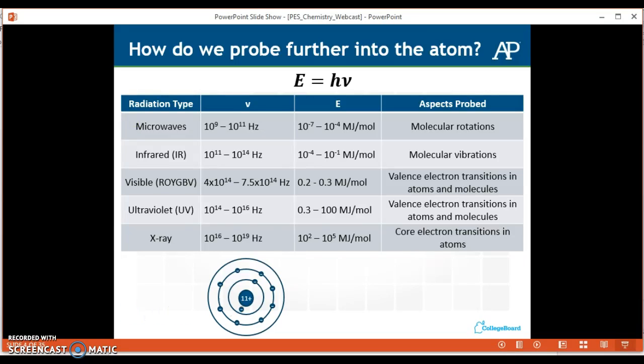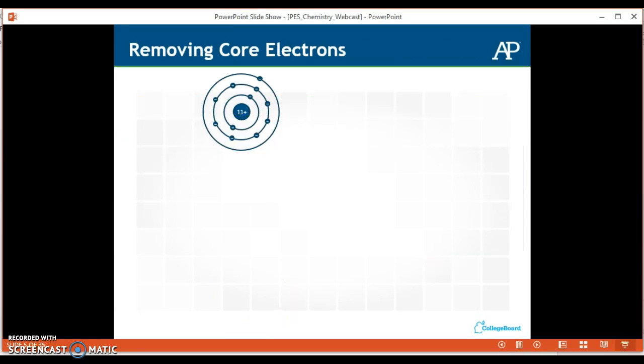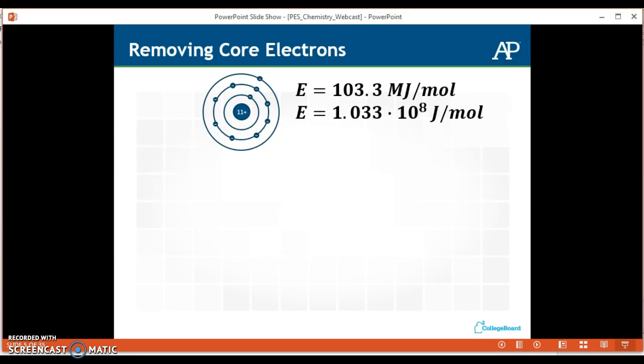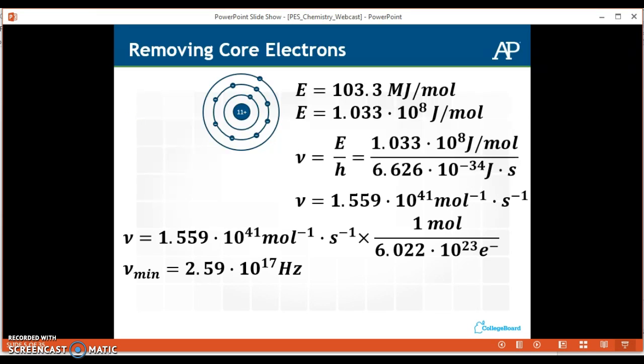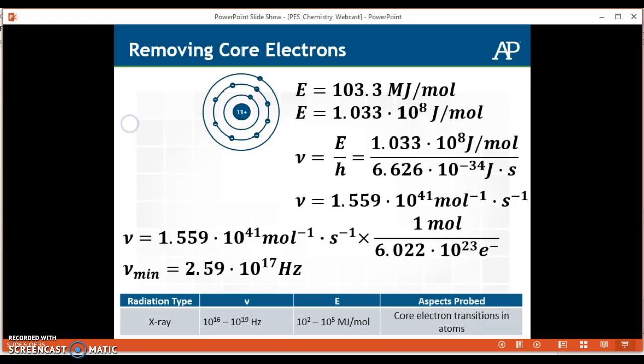But for core electrons, we're going to need a greater energy, a higher frequency, and that's going to be in the X-ray range. As long as we have enough energy to remove a core electron, we should also have enough energy to remove the valence electrons.